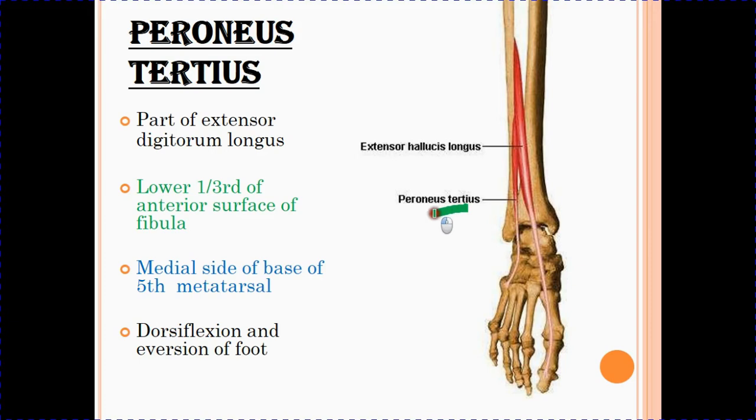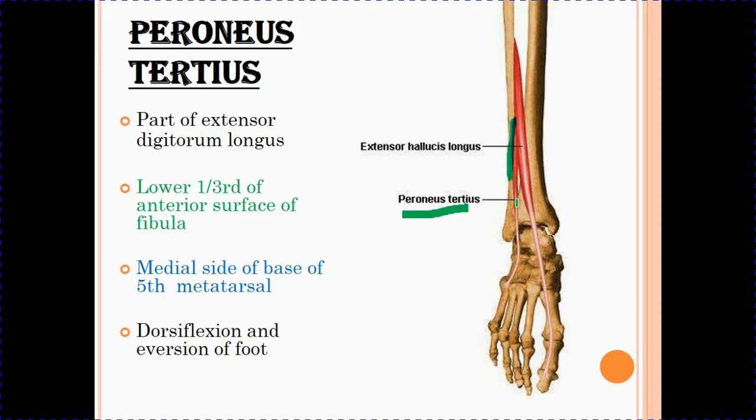The peroneus tertius muscle arises from the lower 1/3 of the anterior surface of the fibula. This is the lower one-third of the anterior surface of the shaft of the fibula. It gives origin to the peroneus tertius.